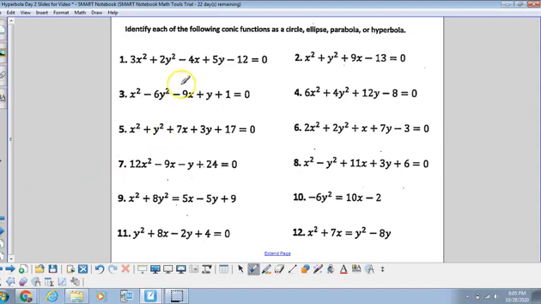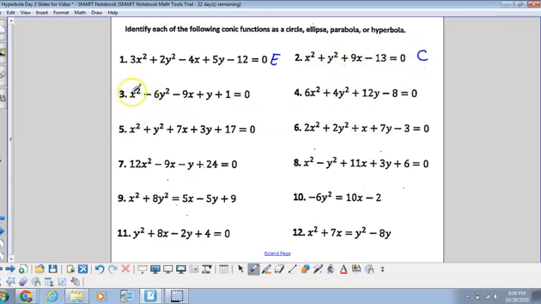Number 1, since we have an x squared and a y squared term, they both have the same sign, but they have different coefficients, then this problem right here is an ellipse. Number 2, since we have an x squared and a y squared term, they both have the same sign and the same coefficient, we have a circle.